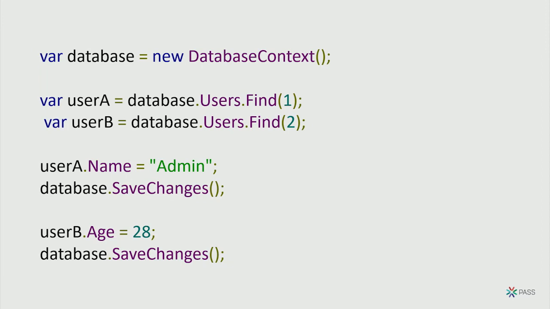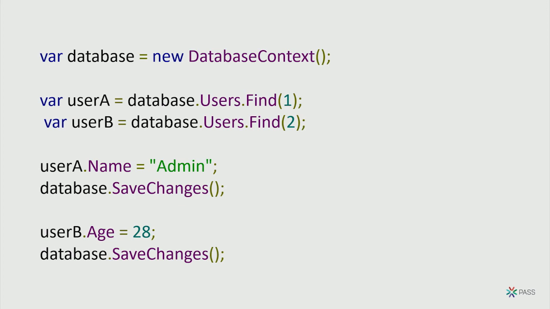Actually, you don't even need that first save changes. Only the second save changes is needed, because if I come in and I change something about user A, I change the name, and then in user B, I change the age to 28, both those changes have been pushed out to the DB context.